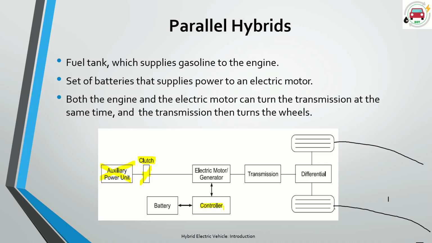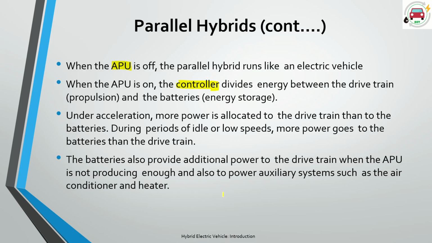Here is the controller, and it is controlling the power, and whatever activities they are going to have here are controlled by the engine control unit or controller unit, CU. Okay, so it divides the energy between the drivetrain and the batteries.